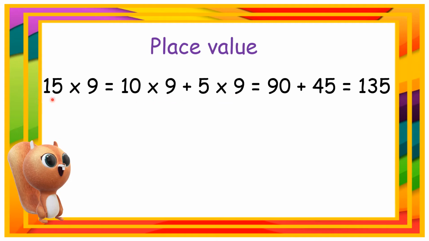Rather than cracking my brain, 15 multiply 9, I could simply say 10 multiply 9 plus 5 multiply 9, because these are within the times table. And I know that 10 multiply 9 is 90 and 5 multiply 9 is 45. So I can easily add these two together using my column method. So 90 plus 45 gives us 135.